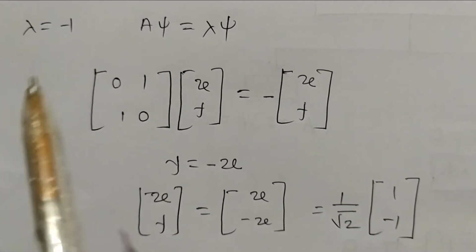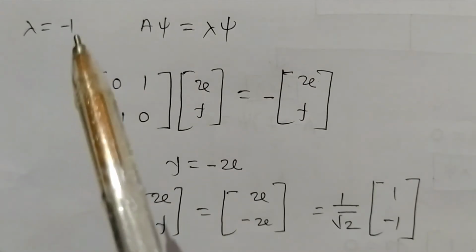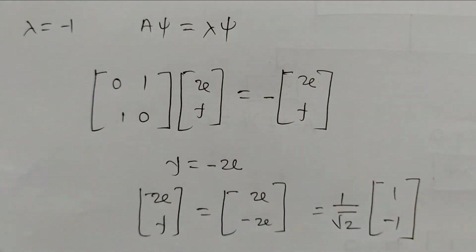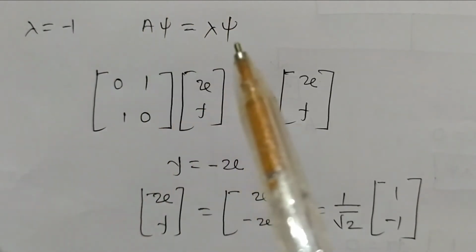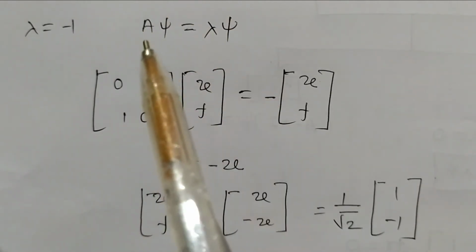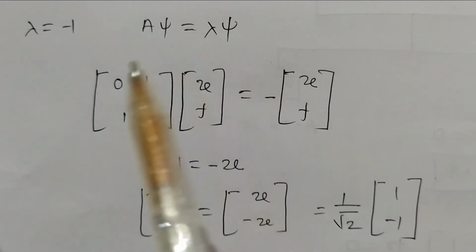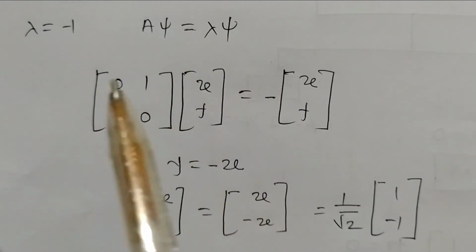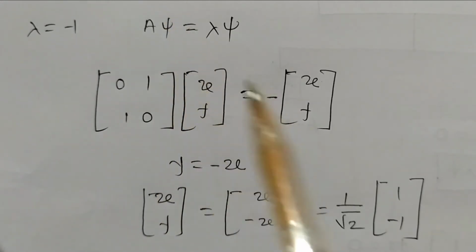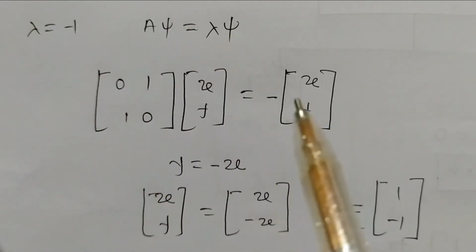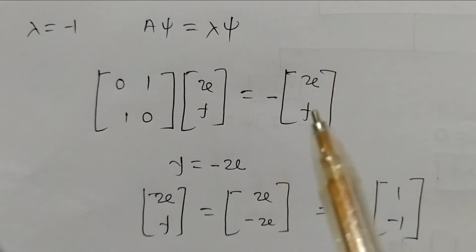Suppose we consider another eigenvalue, lambda is equal to minus 1. The characteristic equation for the eigenvector is A psi is equal to lambda psi. A is our original matrix [0, 1; 1, 0], psi is (x, y), equal to lambda, that is minus 1, times (x, y).